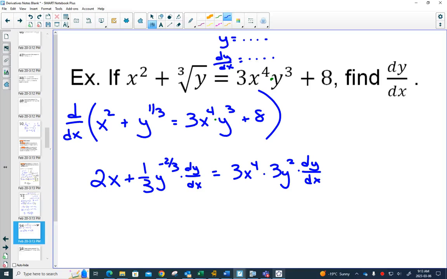It would be a chain rule. The 3 would come out in front. Keep the inside the same. Subtract 1 from the exponent. Then you'd have to do the derivative of the inside, which is just the dy dx. Plus, now we keep the other one the same, multiplied by the derivative of the first one, plus the derivative of 8 is 0.